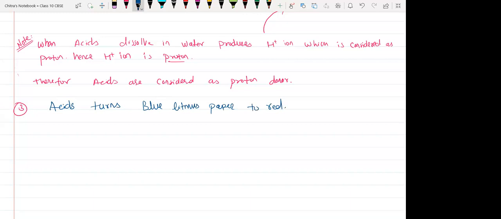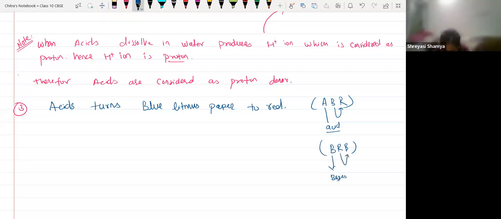For that test, just remember ABR: Acid turns Blue litmus to Red. And for bases it is just the opposite: BRB. Bases turn Red litmus to Blue. Easy?